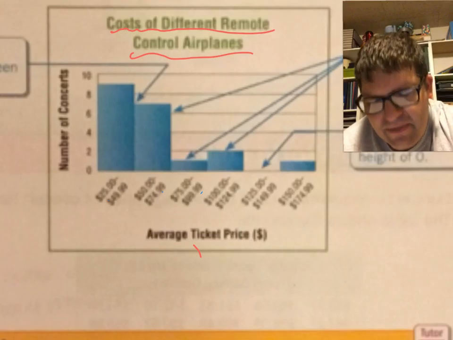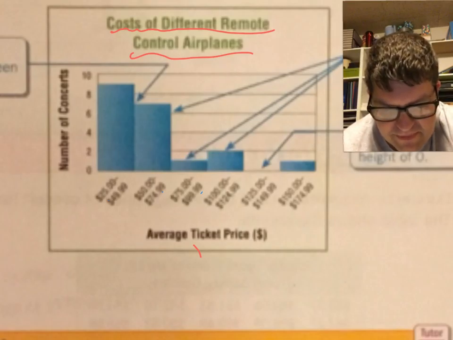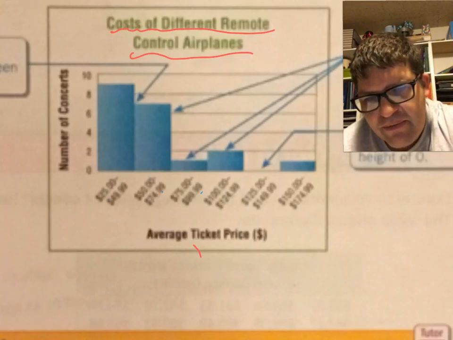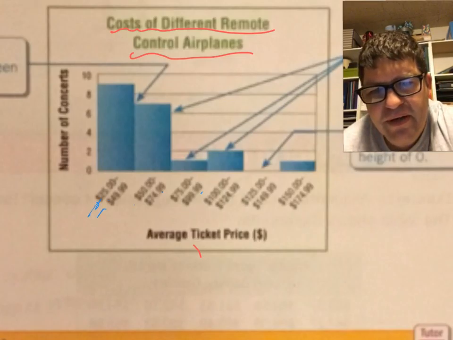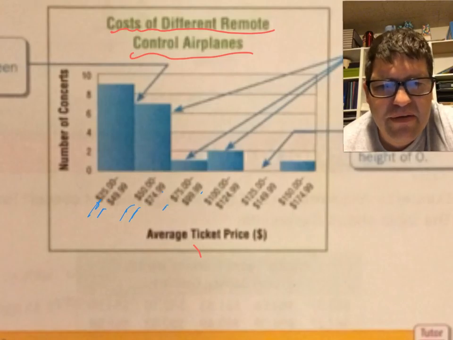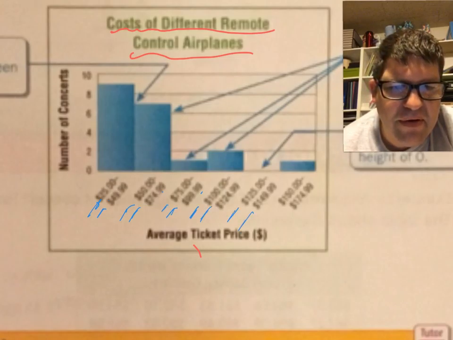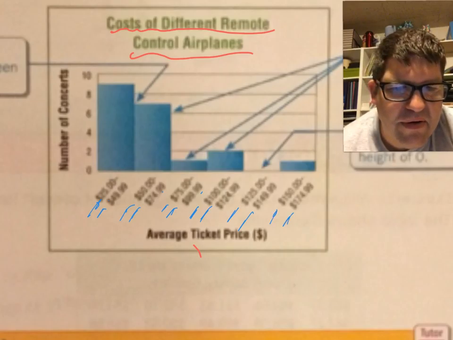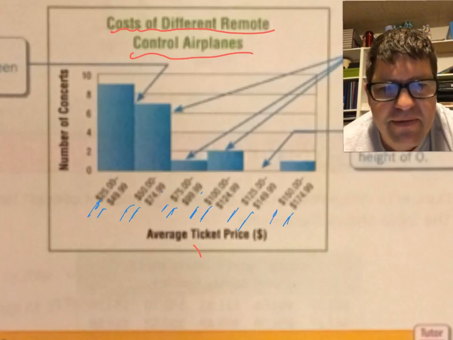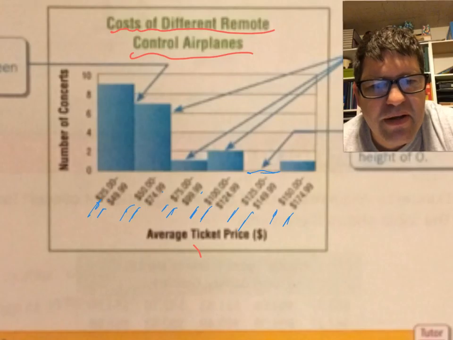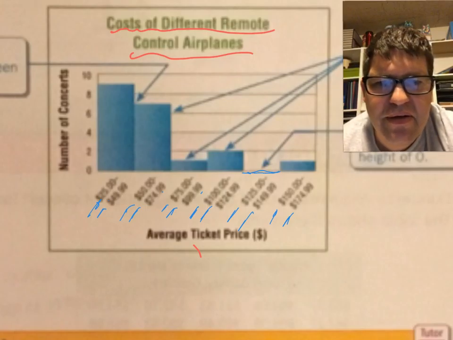So you can see that it's going up by $25 every time. Basically from 25 to 50, 50 to 75, 75 to 100, 100 to 125, 125 to 150, 150 to 174. We know that there's none at this level right here.